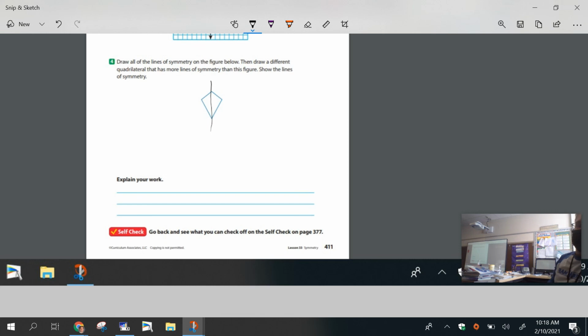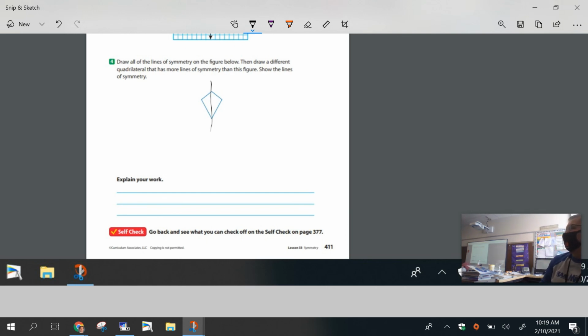I'll explain your work. How did you explain your work on this one? There is one line of symmetry down the middle. Oh, it does? Oh, sorry. You know what? I did not read the instructions. So draw the lines of symmetry, figure out below, then draw a different quadrilateral with more lines of symmetry.